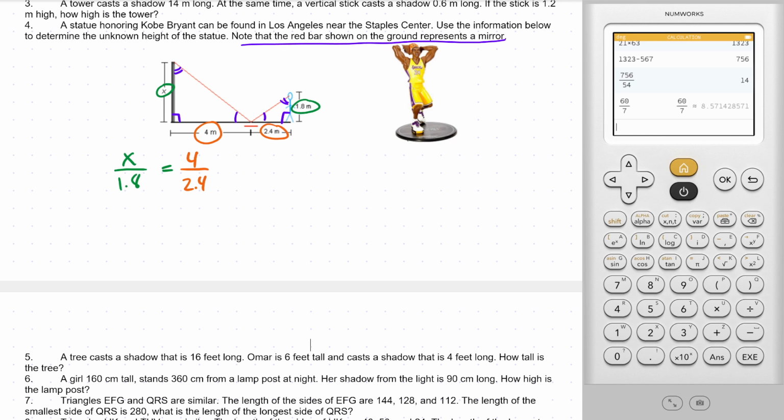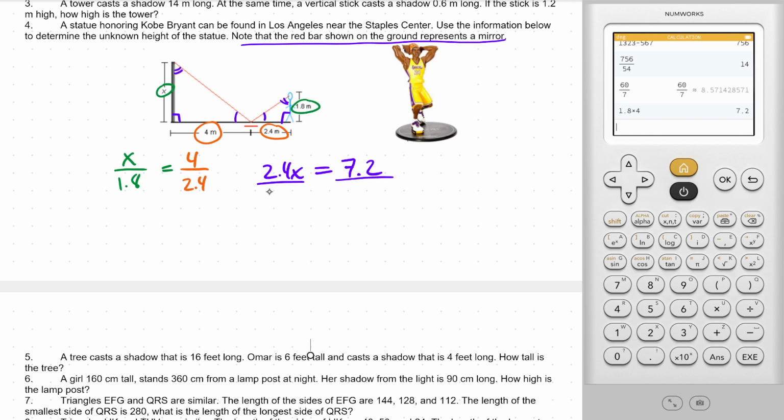So first of all, x times 2.4, I'm actually going to put it over here. I have 2.4x, and 1.8 times 4 is equal to 7.2. Should have done that one in my head, but like I said, it's early. Give myself a break.